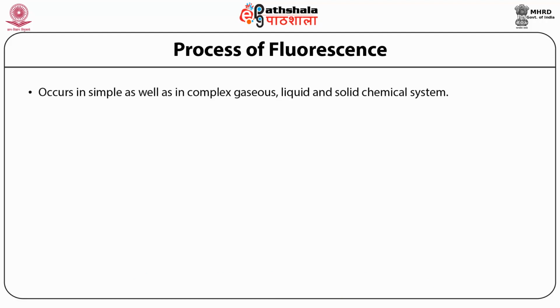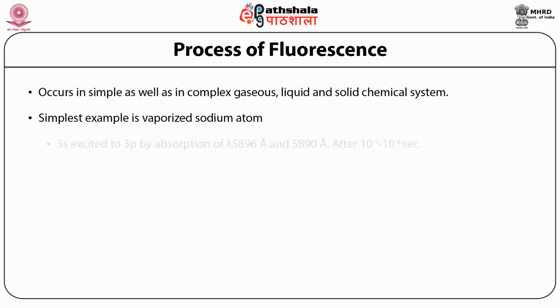The process of fluorescence. Fluorescence can occur in simple as well as in complex gaseous, liquid, and solid chemical systems. The simplest example is a vaporized sodium atom, where the sodium atom absorbs energy and the electron from 3s is excited to 3p by absorption of wavelengths of 5896 angstroms and 5890 angstroms.